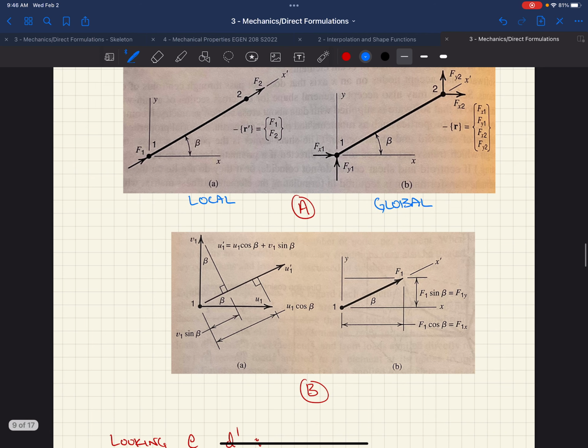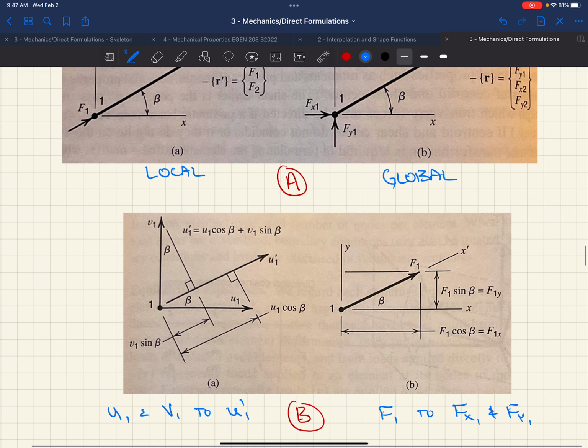So based on geometry, we can make a relationship of u1 and v1 to u1 prime. Same with f1 to fx1 and fy1, our global coordinate systems. Just based on the geometry, essentially coming up with our components based on beta, or that orientation angle.